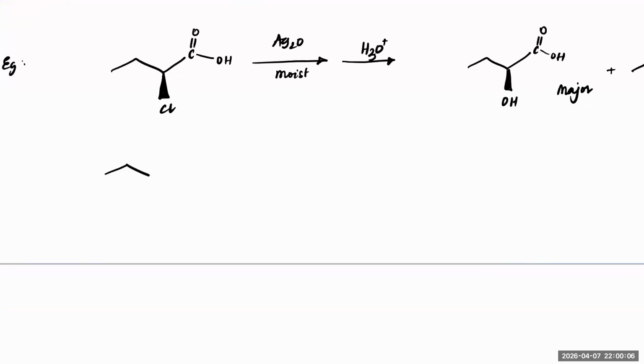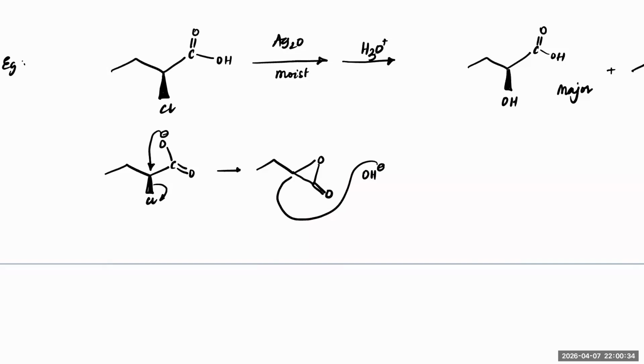So check first, when you have chloride here, correct? You notice I can write this as C double bond O here and O minus here. So this O minus will attack here, remove this chlorine, and that's how you will get an NGP form. Then moist Ag2O gives OH minus.